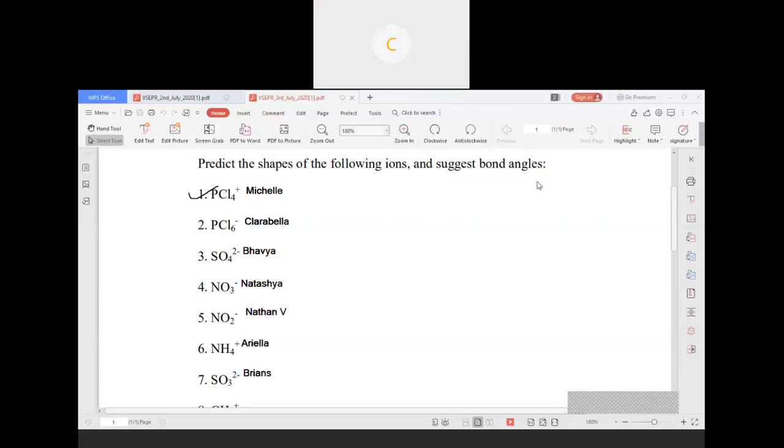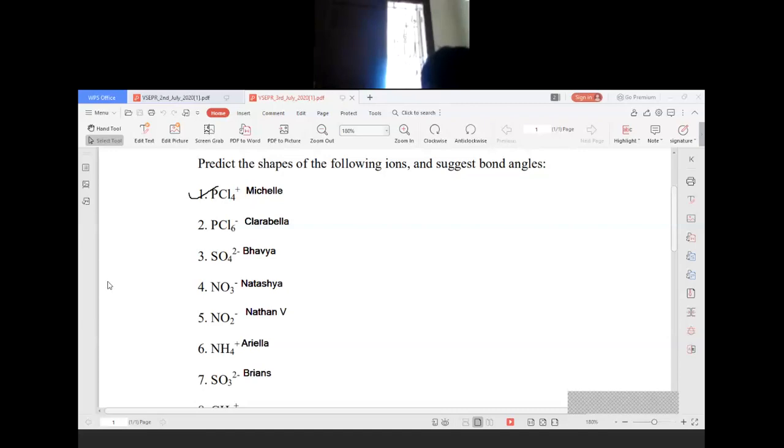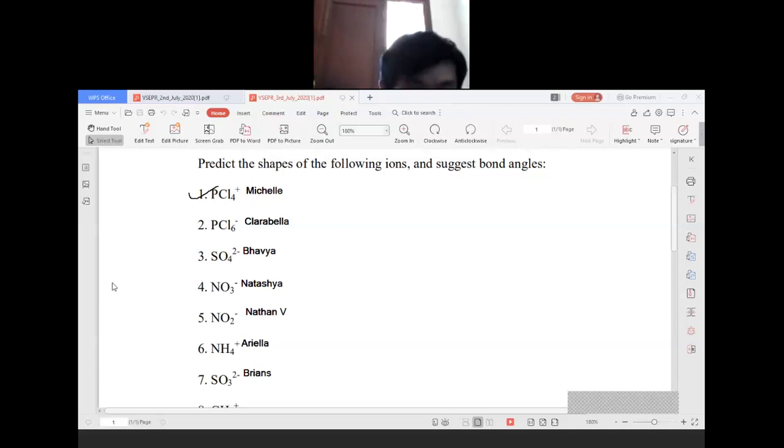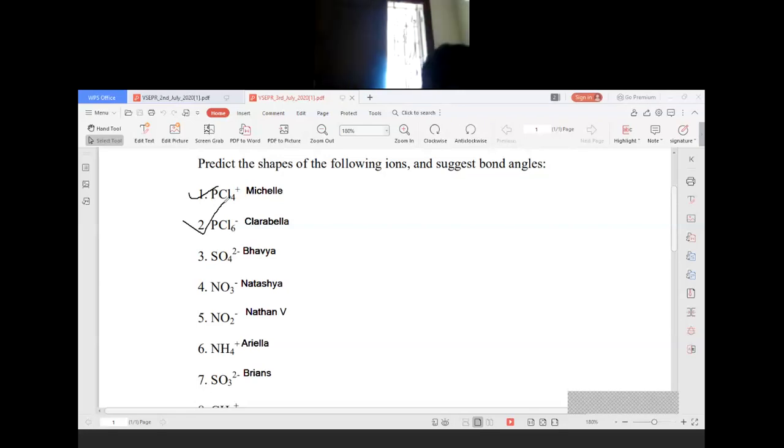Teacher, the bond angle is 90 degrees, and the shape is octahedral. Yes, correct. Next, how about Bavia?